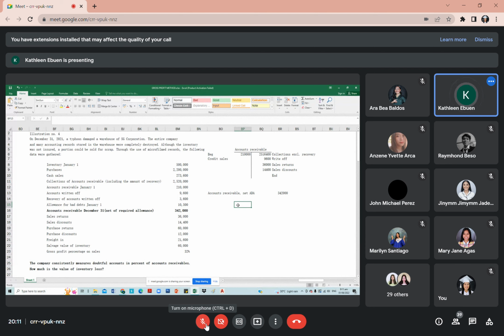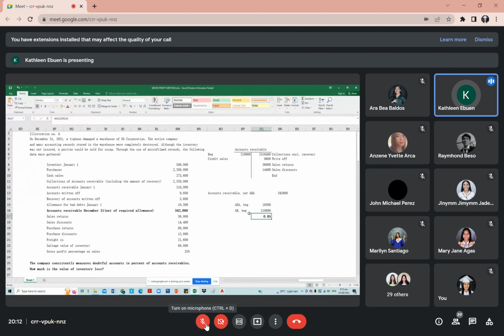So therefore, yung ADA natin na beginning, which is 10,500, if we are going to divide it to the accounts receivable beginning, 210,000, parehas beginning ito class, makukuha natin yung percentage. So 10,500 divided by 210,000. Therefore, ang ginagamit po ng entity na percentage of accounts receivable is 5%.